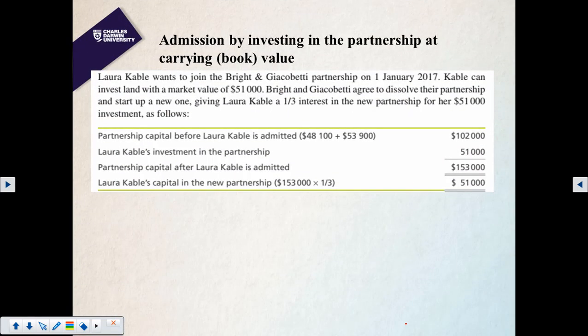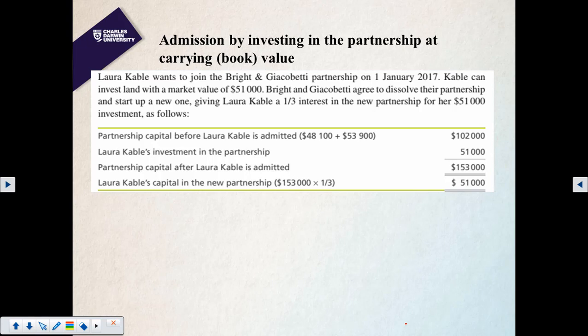So look at this. Laura Cable wants to join the Bright and Giucovetti partnership on January 1st, 2017. Cable can invest land with a market value of $51,000. Bright and Giucovetti agree to dissolve their partnership and start a new one, giving Laura Cable 1/3 of the interest in the new partnership for her $51,000 investment as follows.